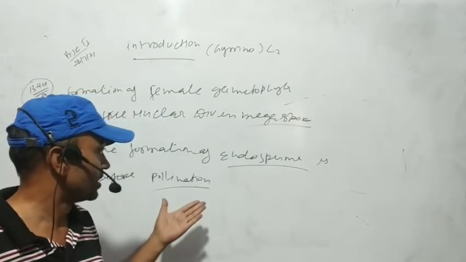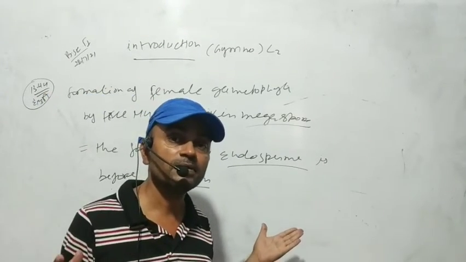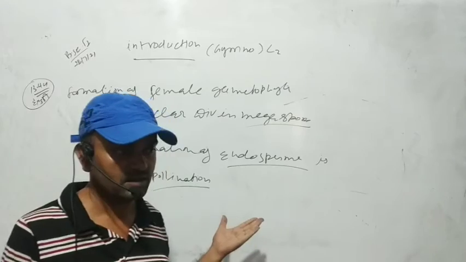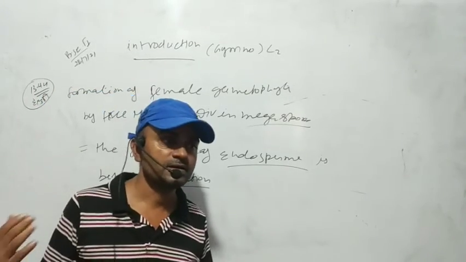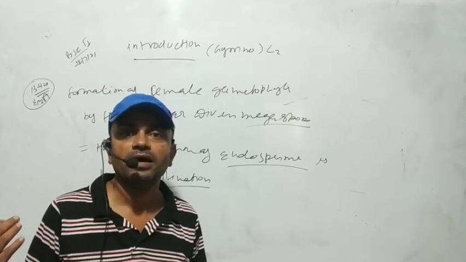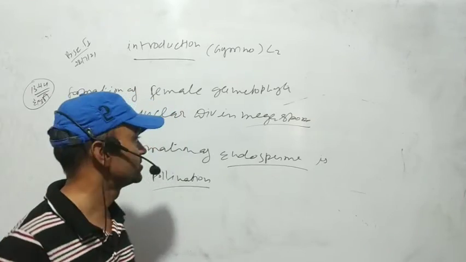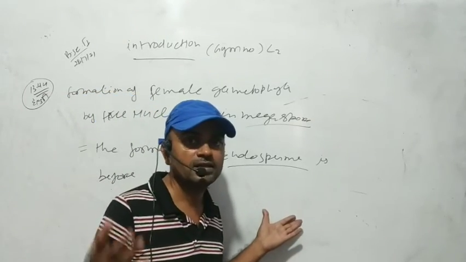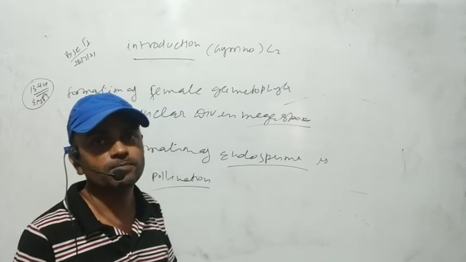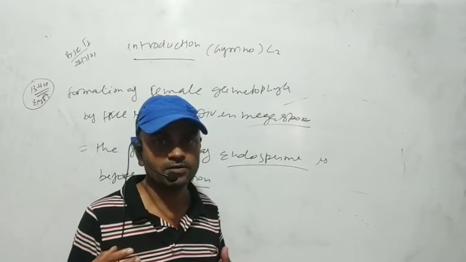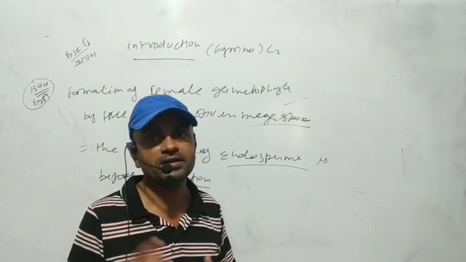That is also asked in competitive exams and college exams: what is the difference between angiospermic endosperm and gymnospermic endosperm. In gymnosperm, endosperm formation takes place before pollination, so it is haploid in nature.